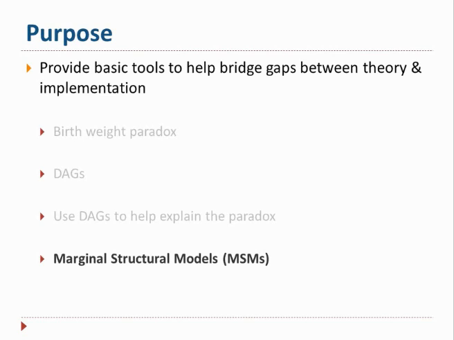So we're moving kind of fast, going through the paradox and a background of DAGs and how DAGs could help us explain the paradox. And there's one other case which we'll go through pretty briefly, marginal structural models, which I think are also kind of a buzzword that we hear along with DAGs.